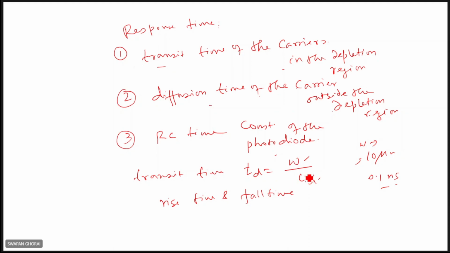If you know the drift velocity of electrons and holes, which is generally about 8.4 into 10 to the power 6 centimeter per second for electrons, and 4.4 into 10 to the power 6 centimeter per second for holes, you can find out the transit time of the carriers.